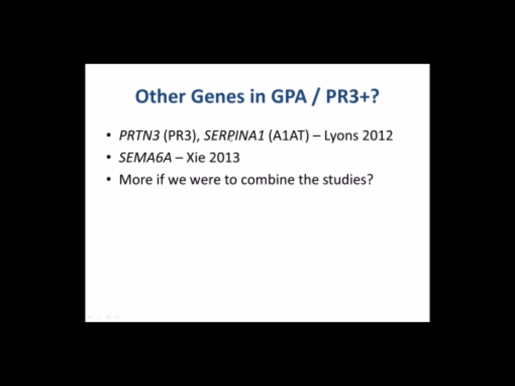And so these are things actually directly related to this protein. So we didn't get a whole lot of additional insight into GPA. This is all sort of related to the PR3 target. Why? Because this is the gene itself, and this is actually a protein that sticks to that protein in people. It regulates what it does.